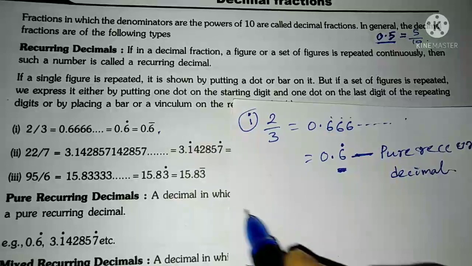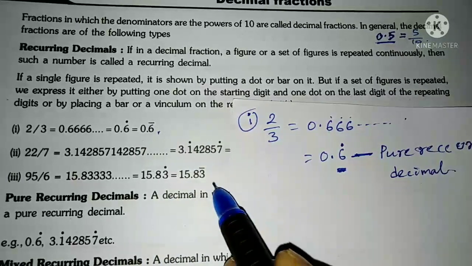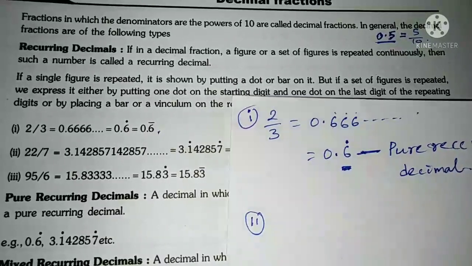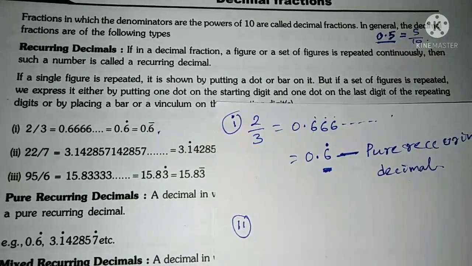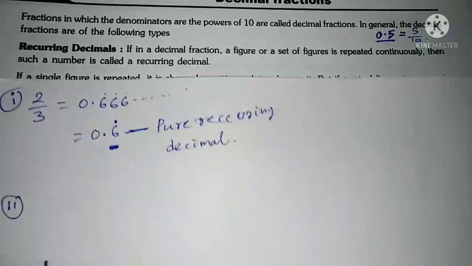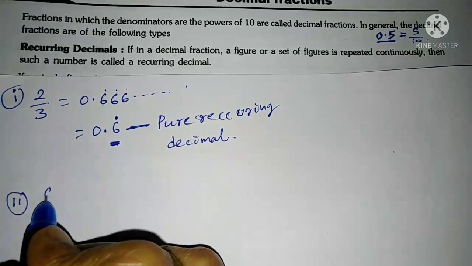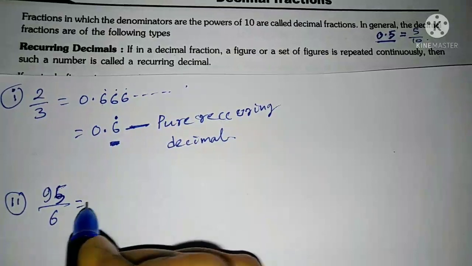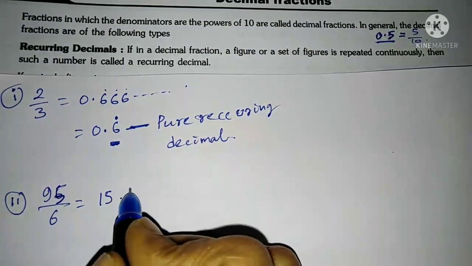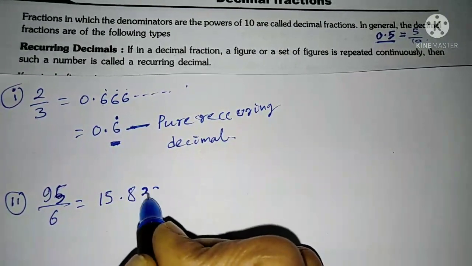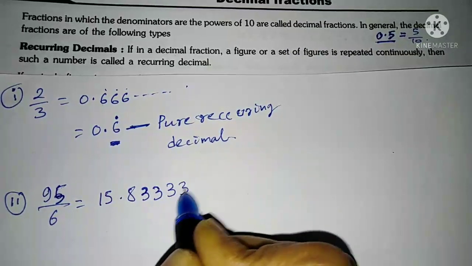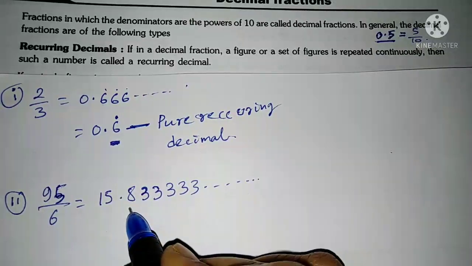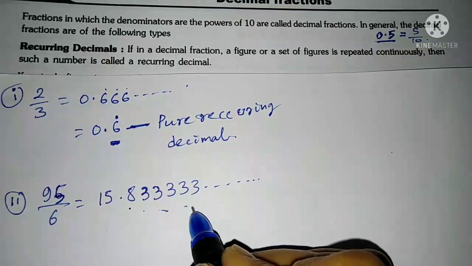But in another number, you can see the third example. In this third example, 95 by 6 is equal to 15.83, 3 will continue up to infinity. 8 is not going to repeat again, but 3 is continuing.